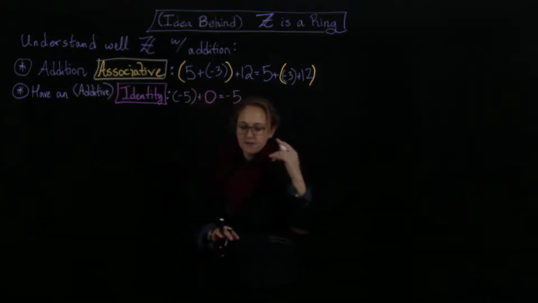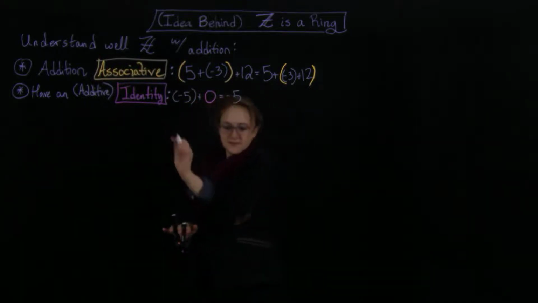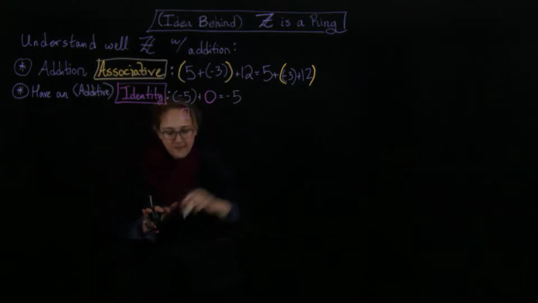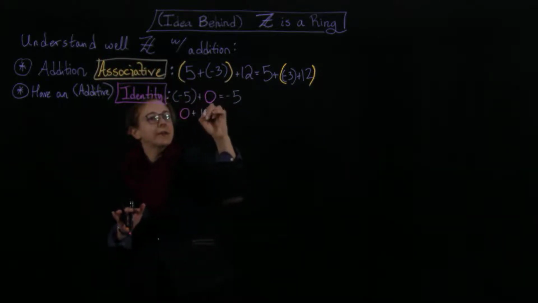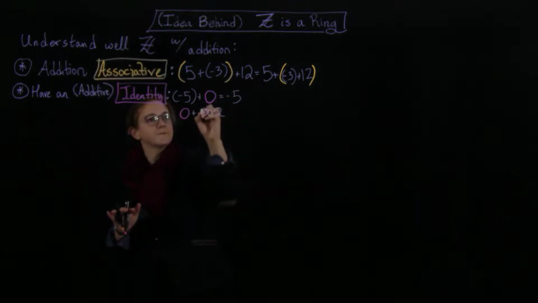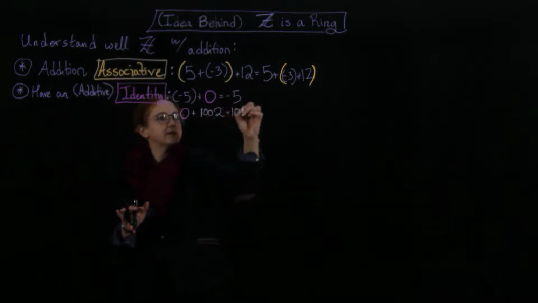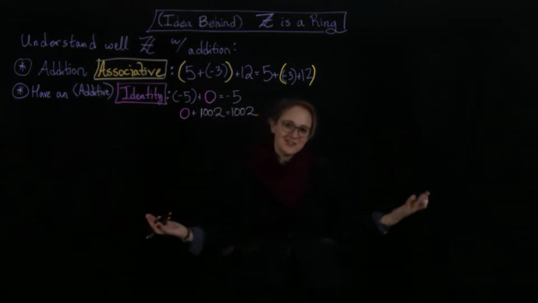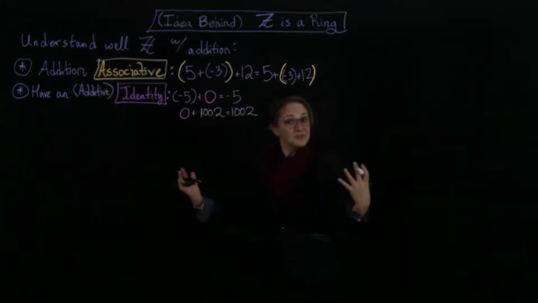As another example, if I took it on the other side and went 0 and added 1002, I would still get 1002. On either side, you add 0 and it doesn't change the element. That's why it's the do-nothing element.